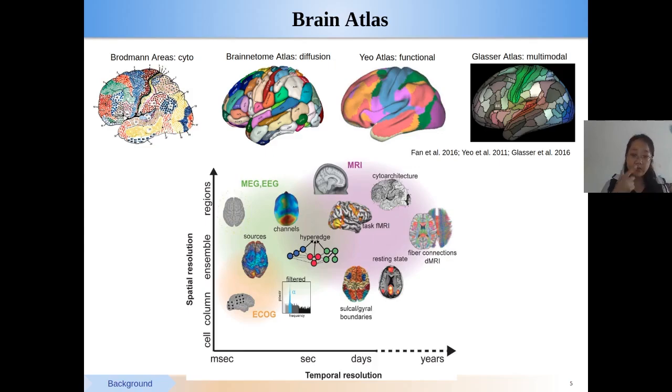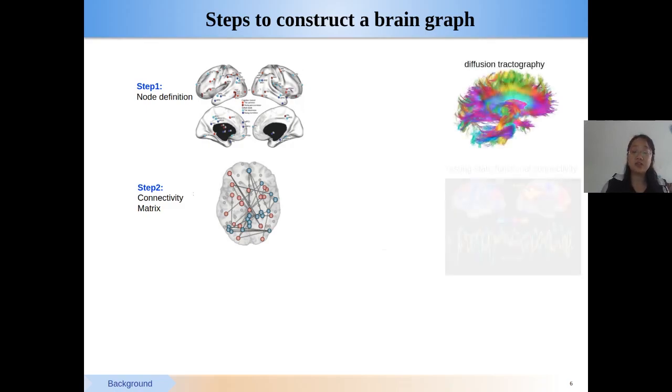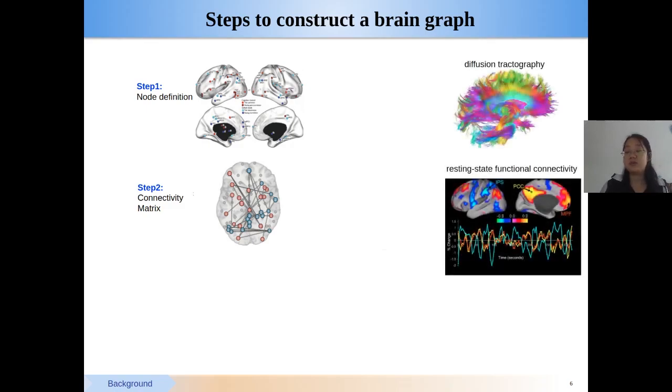Right now, in the current literature, the most widely used modalities are diffusion and functional MRI. Once you have the nodes defined, we need to know how the nodes are connected to each other, which is calculated with various types of brain connectome.